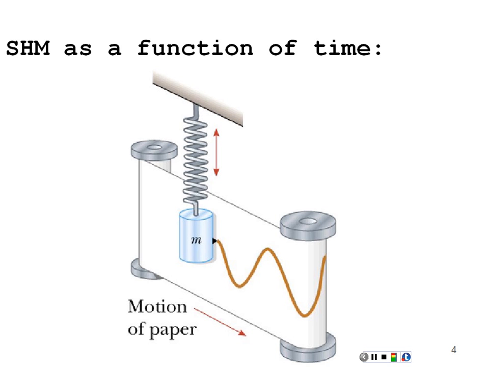So it would look like a cosine function or a sine function. It would be sinusoidal, and that would be the description of this motion as a function of time. Another way I could look at it is to put a motion sensor underneath this motion, and that motion sensor would also show a sinusoidal wave as a function of time. You will do that in lab number 1 for physics.